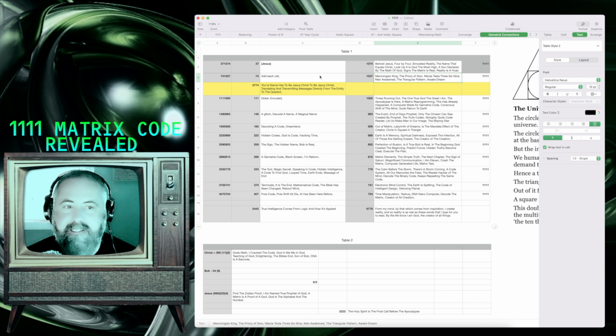And interestingly enough, through Gematria, that gives us the phrases, your name has to be Jesus Christ to be Jesus Christ. What are the chances of that? I mean, that's just interesting. But then we get the phrase translating and transmitting messages directly from the entity to the querent.